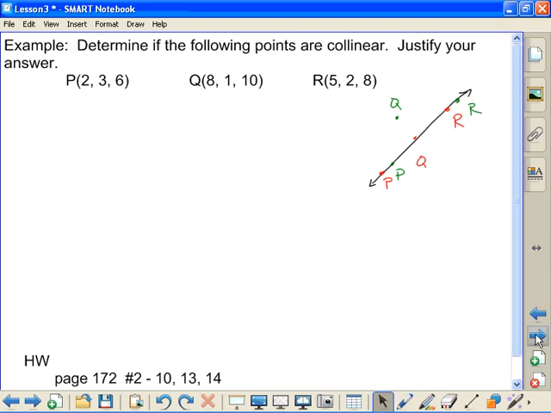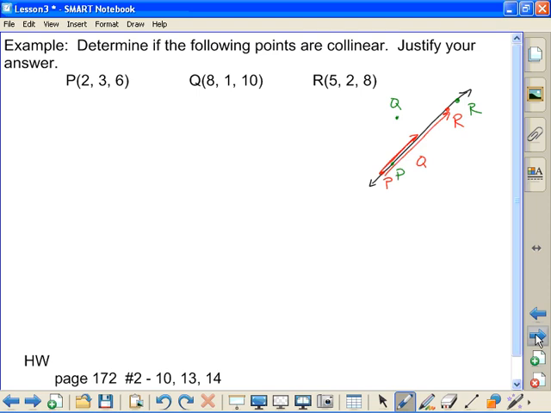So how do we determine whether they fall on the same line? If they're collinear, if they're red, vector PQ is going to have the exact same direction as PR. Magnitude, it won't be the same, and we already talked about this. Collinear are two vectors that are on the same line.